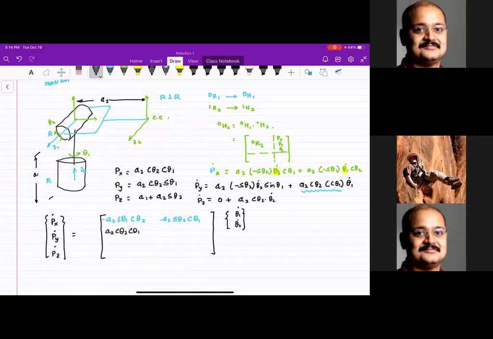Then this guy needs to come here: A2 sine theta 2 sine theta 1, with the negative sign. And in the last row, Pz dot, it's just theta 2 dot, so there will be a big 0 here, and then A2 cosine theta 2. Okay, and this guy is the Jacobian matrix.